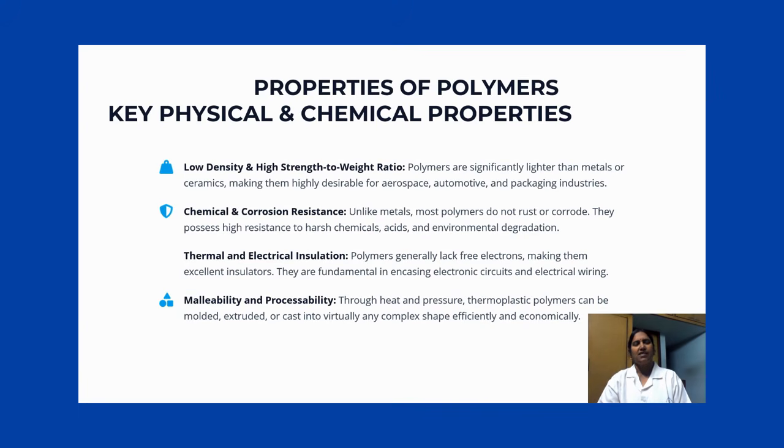They possess high resistance to harsh chemicals, acids and environmental degradation. Thermal and electrical insulation: polymers generally lack free electrons, making them excellent insulators. They are fundamental in casing electronic circuits and electronic wiring. Malleability and processability: through heat and pressure, thermoplastic polymers can be molded, extruded, or cast into virtually any complex shape efficiently and economically.